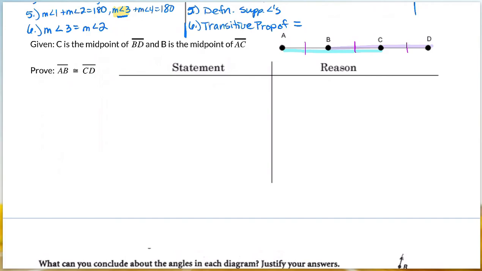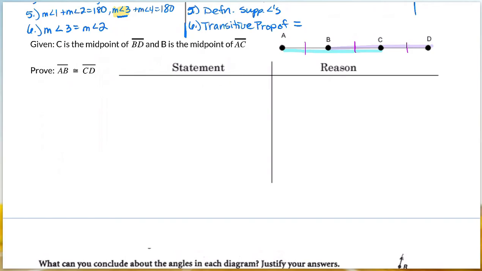Remember what I said earlier in this video: if you have markings that are the same from reading your given like this, but they weren't directly related in the given, probably you're going to use the transitive property to link those things together. That's what we're going to be doing, working through that shared segment. AC and BD both share BC, so we're going to be using that segment in common.